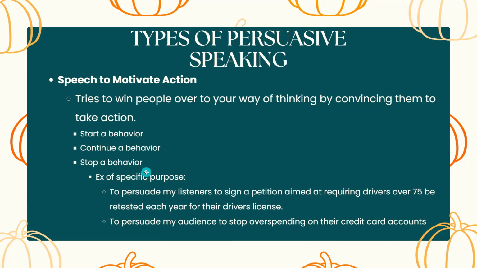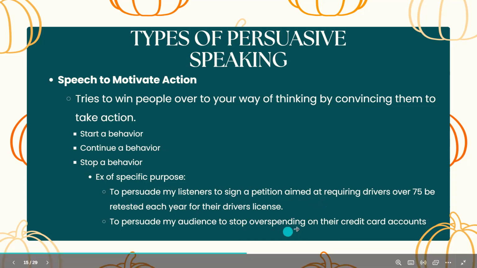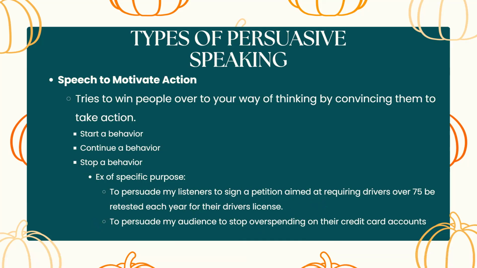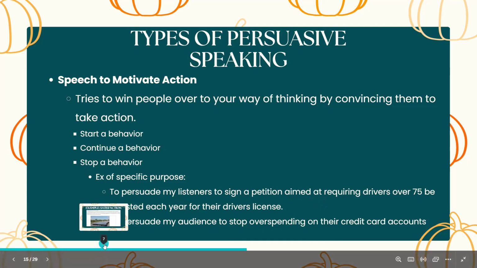Some examples of specific purposes: to persuade my listeners to sign a petition aimed at requiring drivers over 75 to be retested each year for their driver's license. To persuade my audience to stop overspending on their credit card accounts. Another would be to persuade my listeners to contact their representatives in Congress to demand mandatory background checks on all gun purchases.